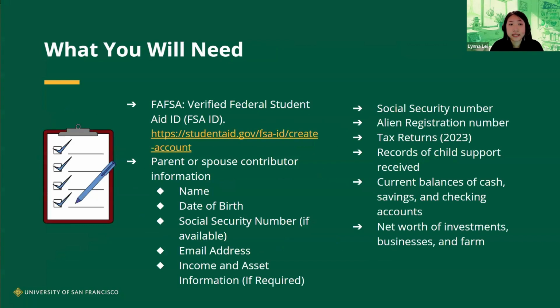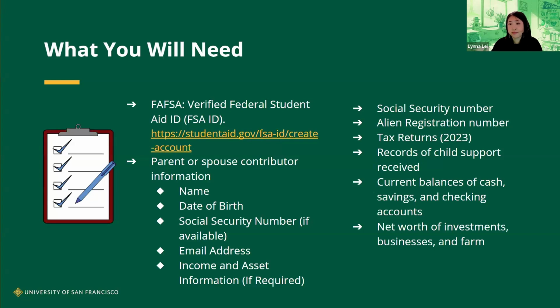So the things that you will need in order to complete the FAFSA include the FSA ID, and we have the link here to create your account. And then also you will need parent or spouse contributor information, and that includes their name, date of birth, social security number if they do have a social security number, their email address, and then income and asset information.